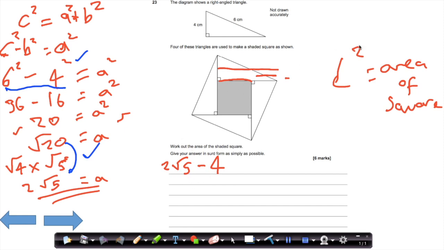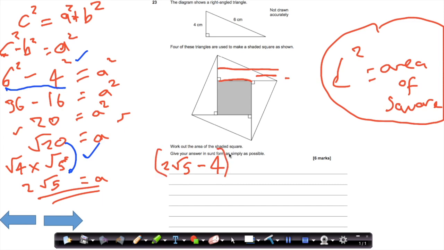What you have to do is, like we said, L squared is the area of the square, so that length multiplied by that length, which will be the same. So we can just square it. 2 root 5 minus 4 multiplied by 2 root 5 minus 4. So we're going to have to expand these brackets.